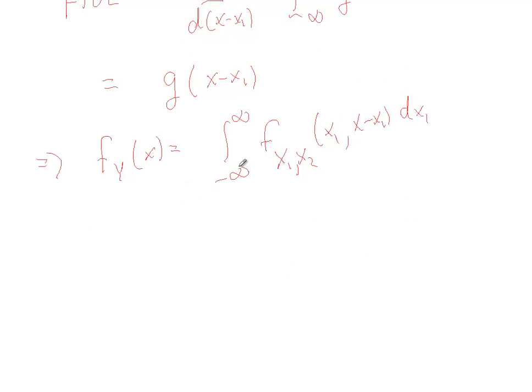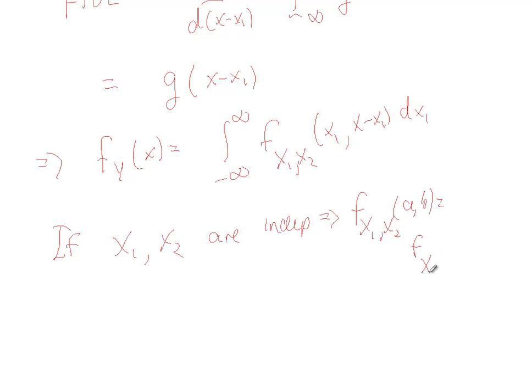Now, if x1 and x2 are independent, that means that f_X1,X2 of (A, B) is equal to f_X1 of A times f_X2 of B. So in this case, I'll have f_Y of x equal to the integral from minus infinity to infinity.